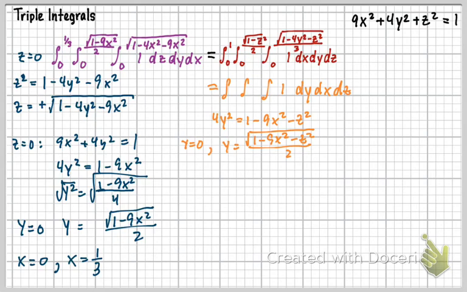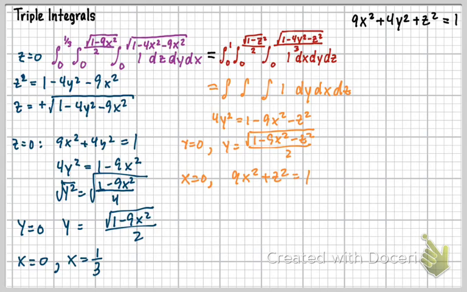So now I'm going to do the x bounds. With the y's out of the way, that's zeroed out. So for the x's, x equals 0 is the lower bound. And then I'm going to have the equation 9x squared plus z squared equals 1.